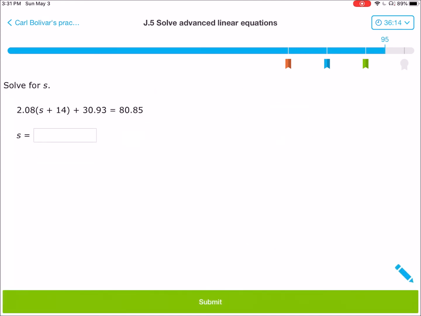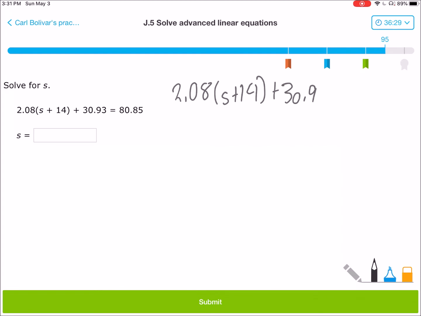Great. Alright, next problem. Oh, this one's tricky, isn't it? 2.08 times s plus 14, plus 30.93 is equal to 80.85. So what I'm going to do here is first distribute.